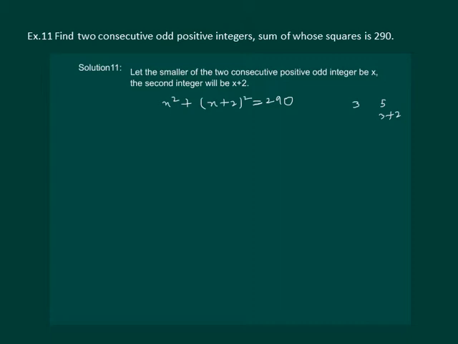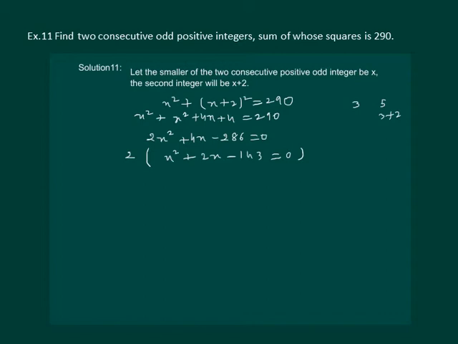Let us solve this and get the quadratic equation, which comes out to be 2x square plus 4x minus 286 equal to 0. We can take out 2 common and find the equivalent equation, which will be x square plus 2x minus 143 equal to 0.